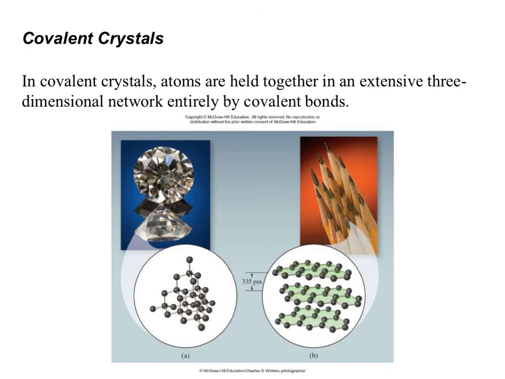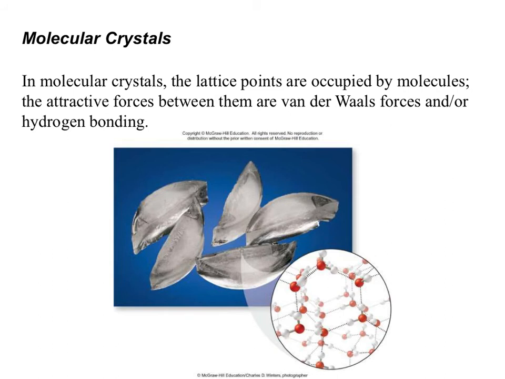Covalent crystals. In covalent crystals, atoms are held together in an extensive 3-dimensional network entirely by covalent bonds. Examples here include diamond on the left and graphite on the right, both having very distinct crystal packing. In molecular crystals, the lattice points are occupied by molecules.